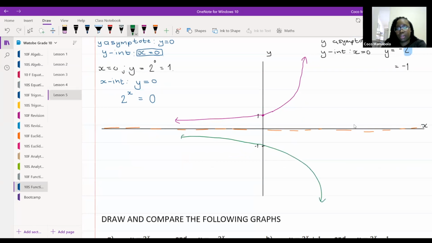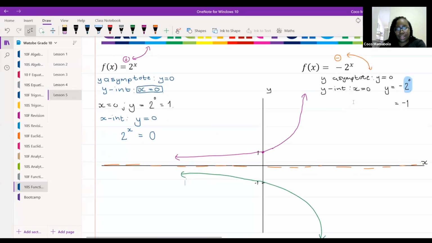Give me a thumbs up if the two graphs make sense. Excellent. All right, cool, cool beans.